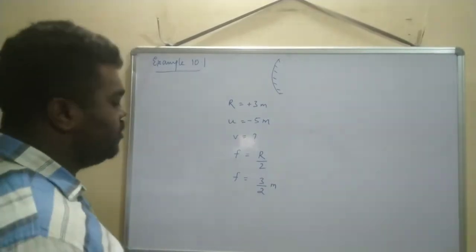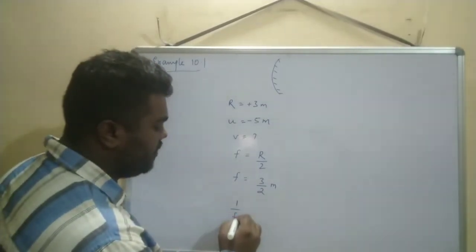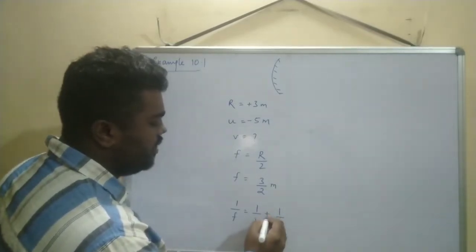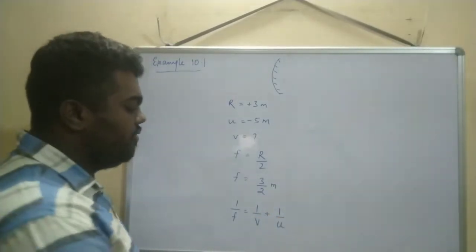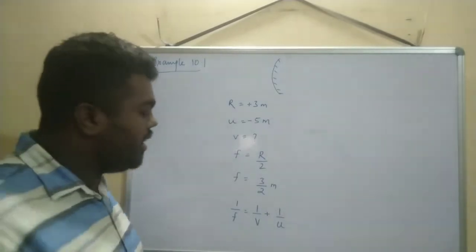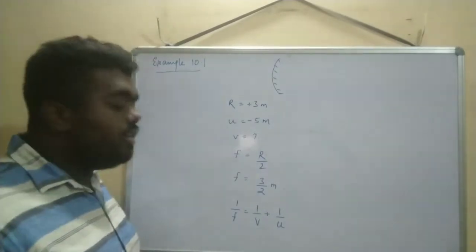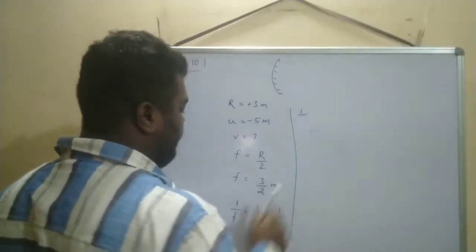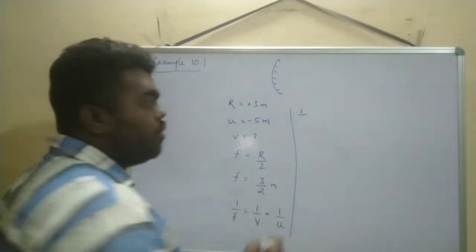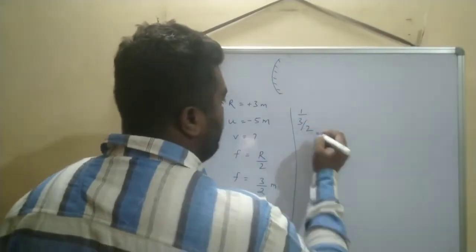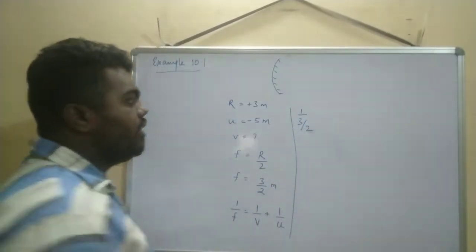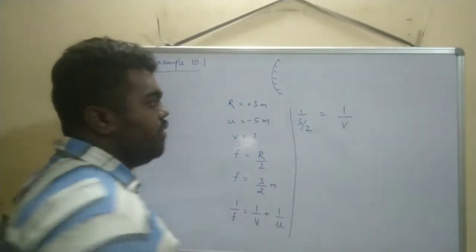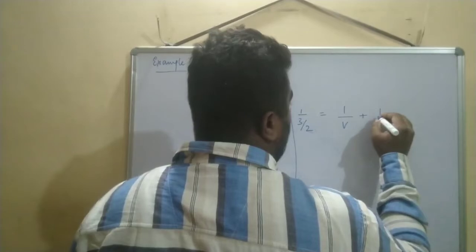So now using the mirror formula, 1 by f is equals to 1 by v plus 1 by u. In mirror formula we have positive sign. Now putting all the values, 1 by f is 3 by 2, is equal to 1 by v we need to calculate plus 1 by u.